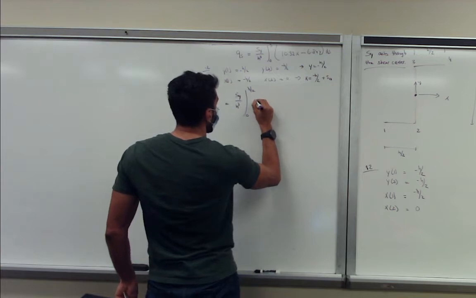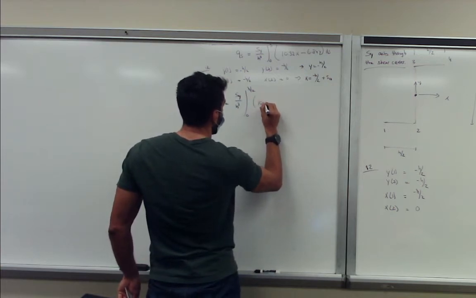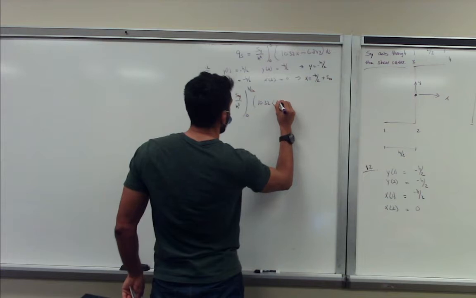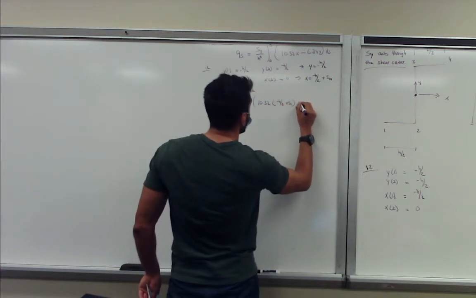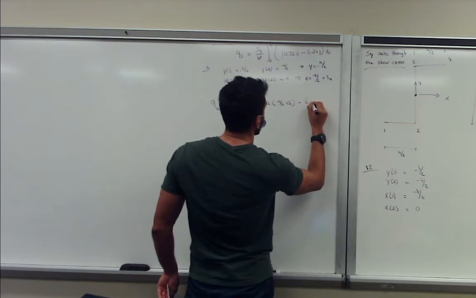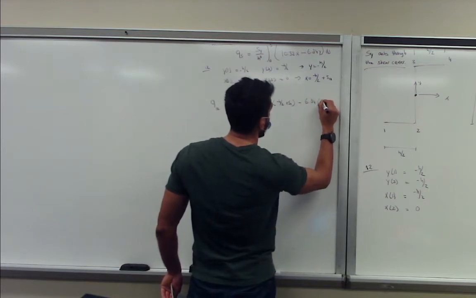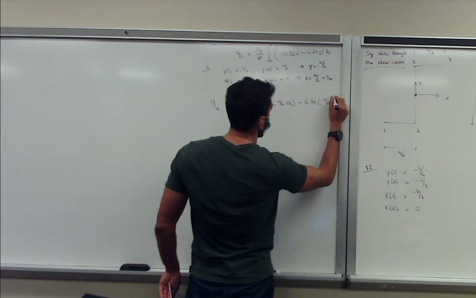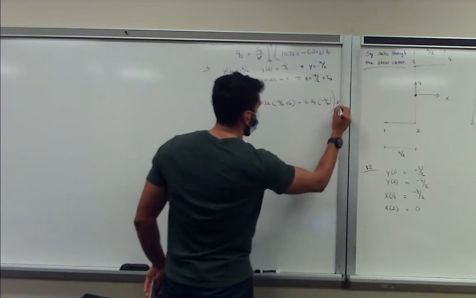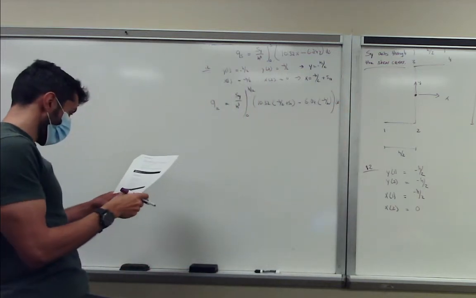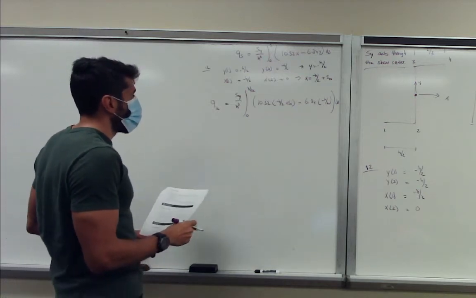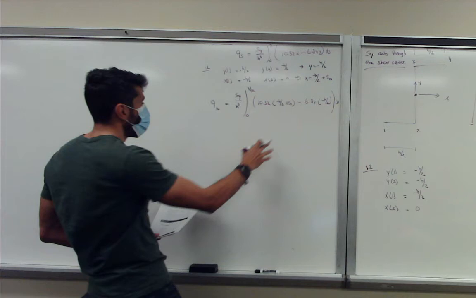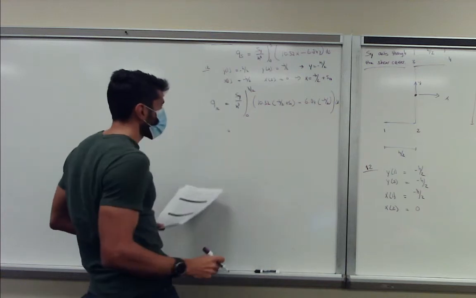And here we get 10.32 multiplied by h over 2 plus s1, minus 6.84 multiplied by negative h over 2, ds. And then we can plug this in and evaluate it.